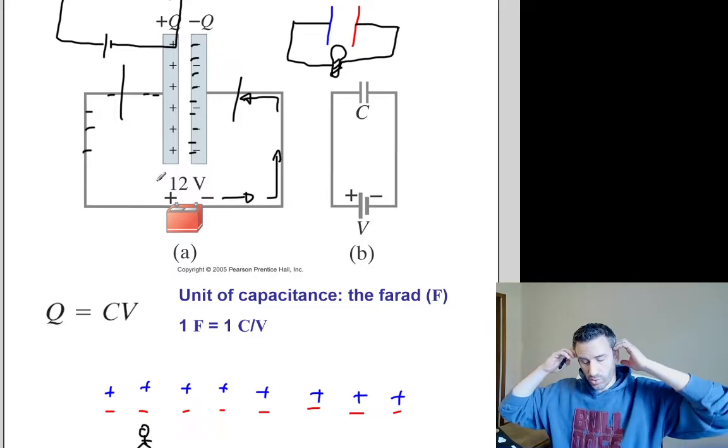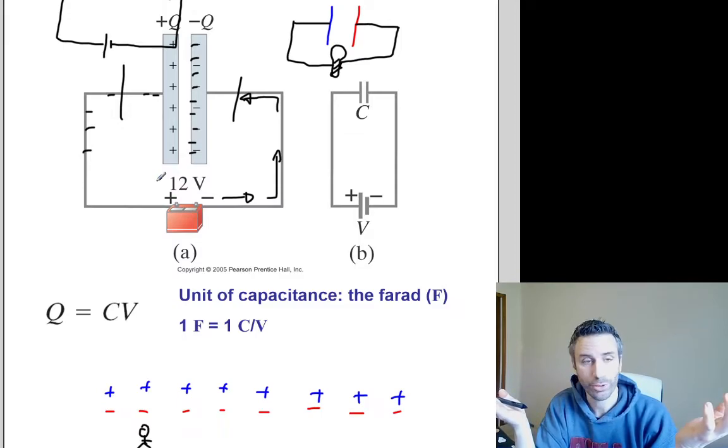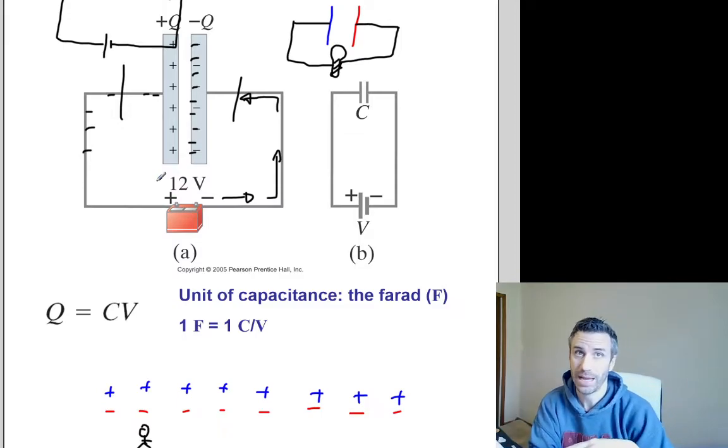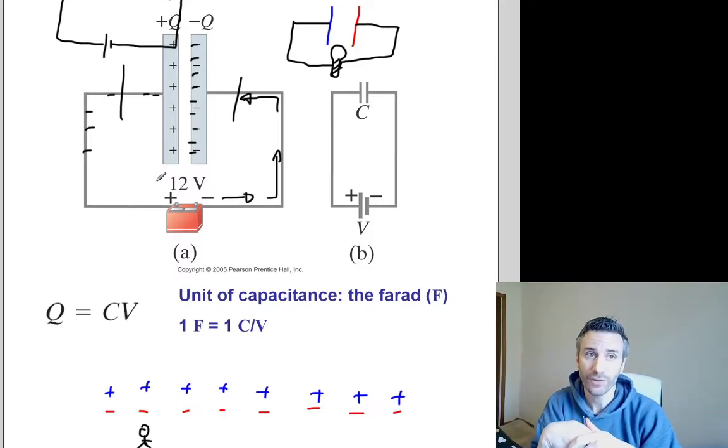And you're like, well, what's the difference between a capacitor and a battery? Well, they can effectively serve the same purpose. You actually can use capacitors in place of batteries. The difference is that batteries cause a chemical reaction at a very regular rate. It's very predictable.